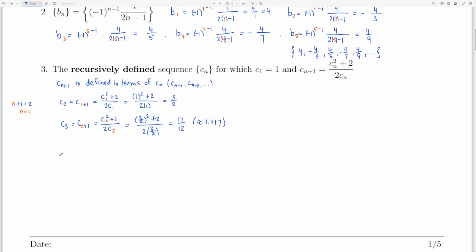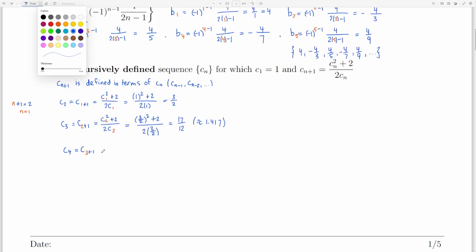Now, C4 works the same way. So C4 is then C3 plus 1. And you can check my math here.